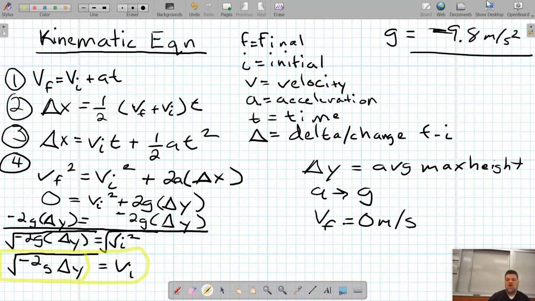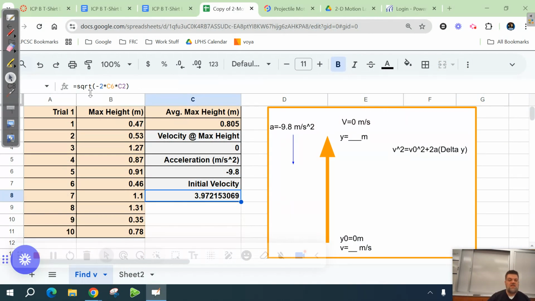To do it in the spreadsheet, we said the square root of -2 times g, the acceleration due to gravity, which is in this cell right here, C6, times the average maximum height, which is this. Does that make sense? Okay. Cool. Any other questions before we move forward?